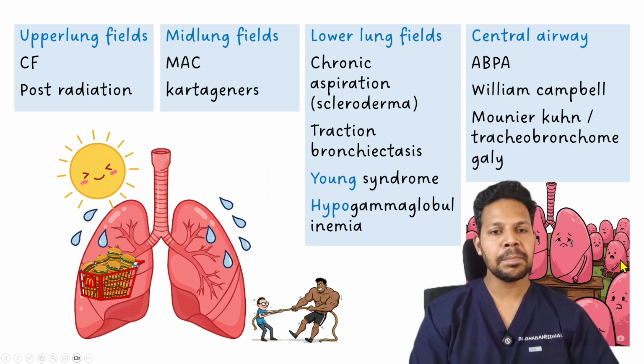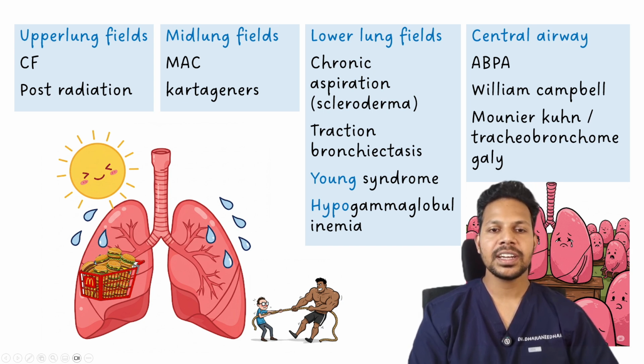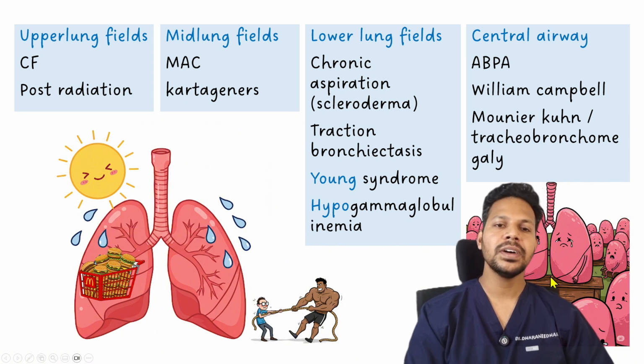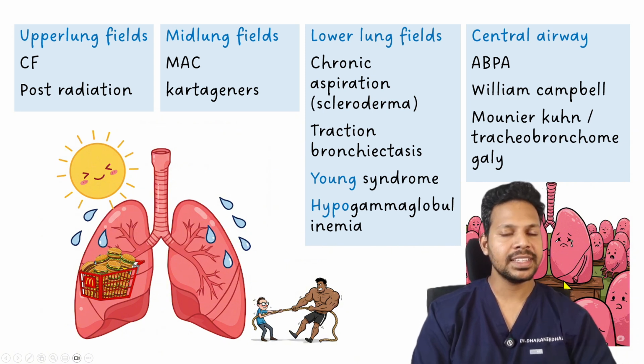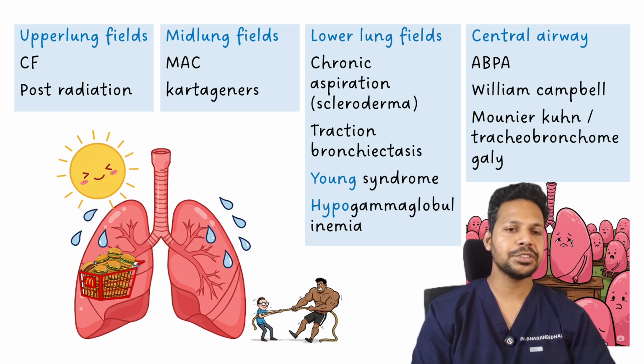Okay, so this is a camp, Williams-Campbell syndrome, and in the center, that is why it is a central airway, and it is mourning, that is why Mounier-Kuhn syndrome, and it is saying Abba, that is why it is ABPA. Hope this is useful in some way. I know this is a little childish, but it's okay.